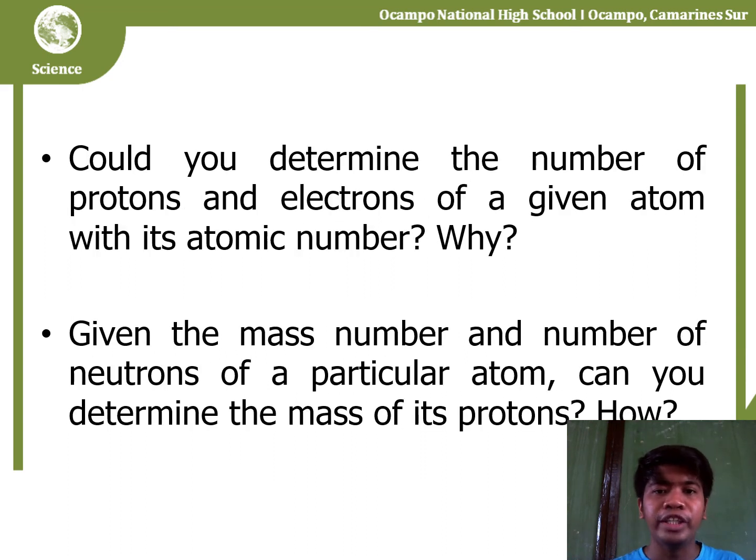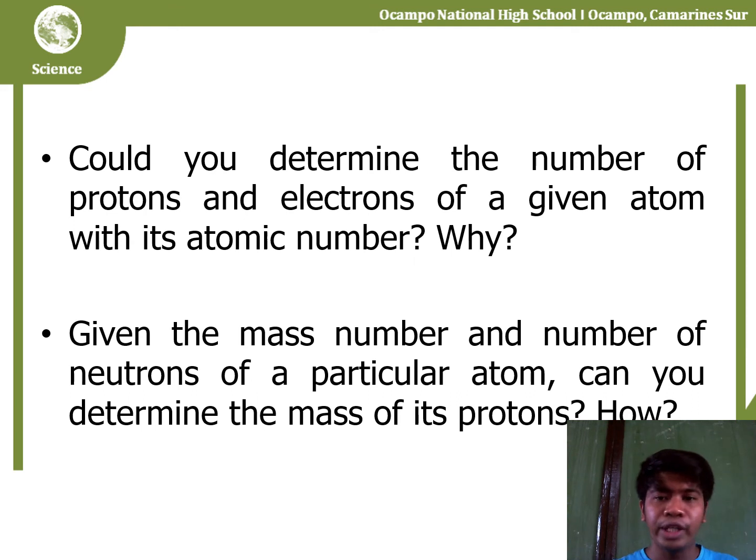Could you determine the number of protons and electrons of a given atom with its atomic number? Pwede ba nating malaman kung ilan yung number of electron or proton kapag given sa atin yung atomic number? Yes. Bakit? Kasi they are just equal. Kung ilan yung atomic number, siya rin yung bilang ng electron at proton ng isang atom.